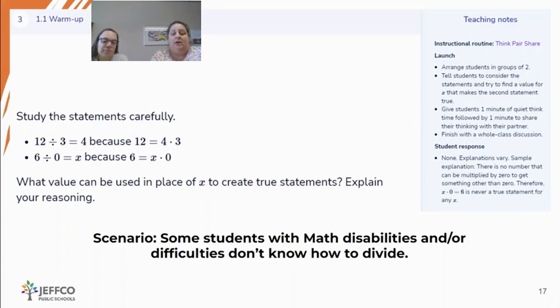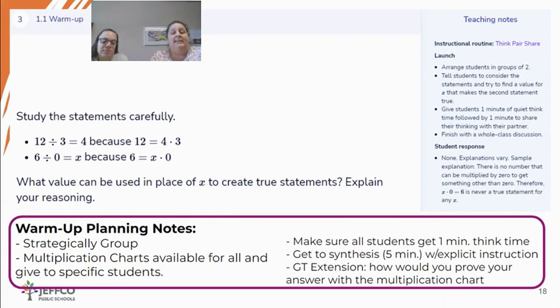So when looking at our planning, we decided to do a few different things. First, the teaching notes say that we're going to arrange students in groups of 2. We decided to strategically group our students. You have a few different options when doing this. And I noticed when looking through this lesson specifically, and I think this goes for illustrative math in general, that you're really going to use that strategic grouping in a variety of ways.